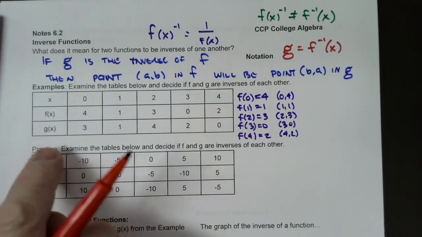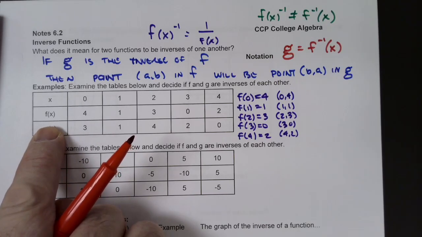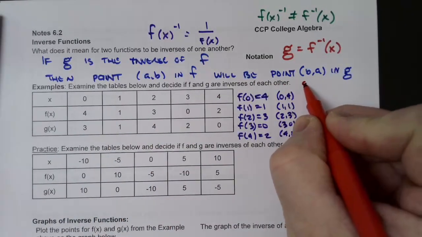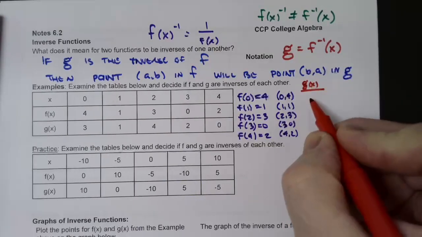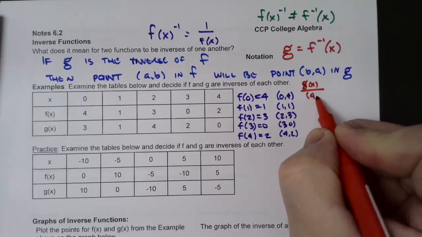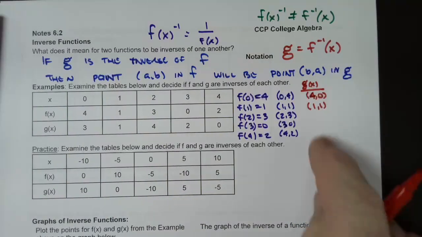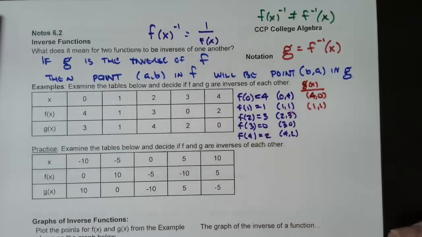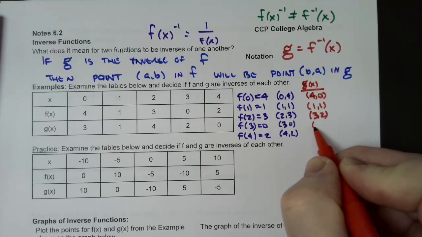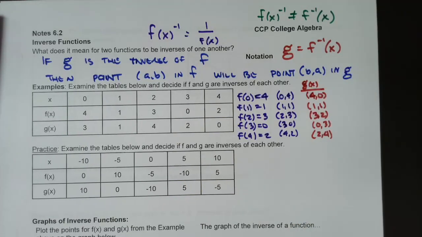So, if g is the inverse of f, then based upon our definition above, we should find in the g function the point (4, 0), the point (1, 1), which might not look like we're doing the inverse of it since those are both the same numbers, and (2, 3), (3, 0), and (4, 2) flipped should all coexist there.